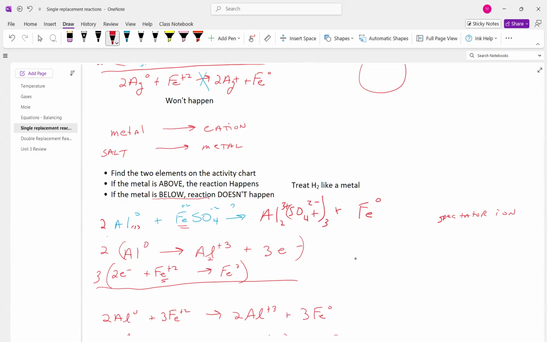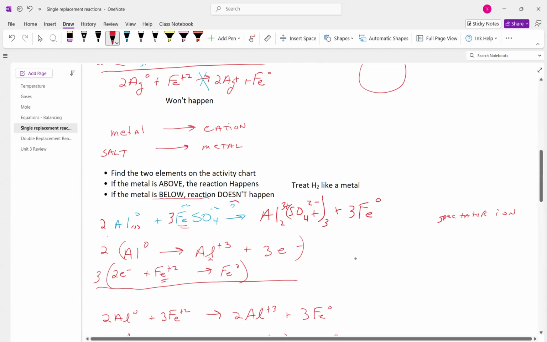We have 3 sulfates on the right. Now we have 3 sulfates on the left. 3 irons now, though, so I need to put a 3 here so it's balanced. Okay, so now the question is, is this going to fly?